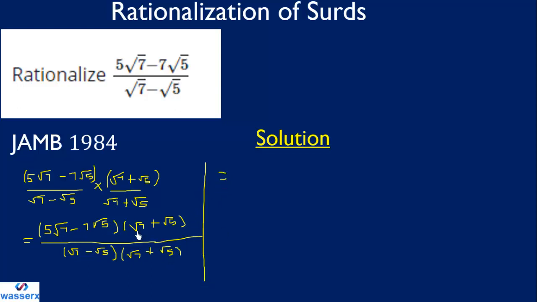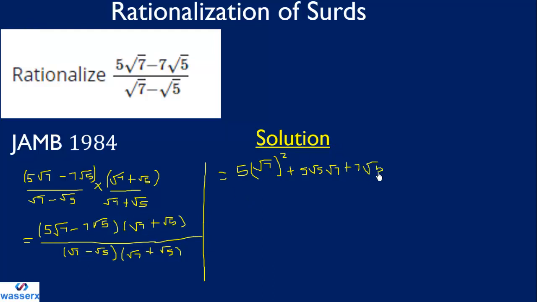So we expand this to obtain 5 root 7 squared, and we have plus 5 root 7 root 5, plus 5 root 5 times root 7.